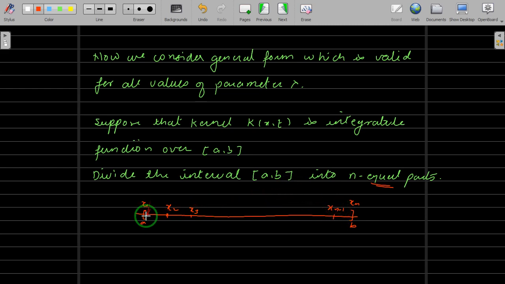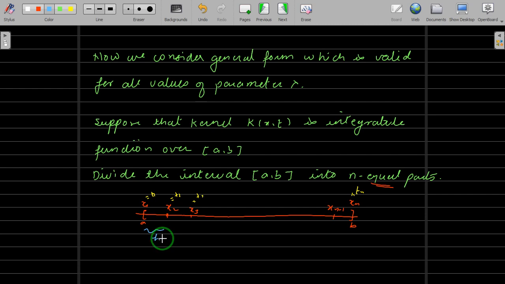Similarly, I can denote these with respect to t. So x1 is equal to t1, x2 is equal to t2, and this is t3, up to tn. And let us take this distance to be h.